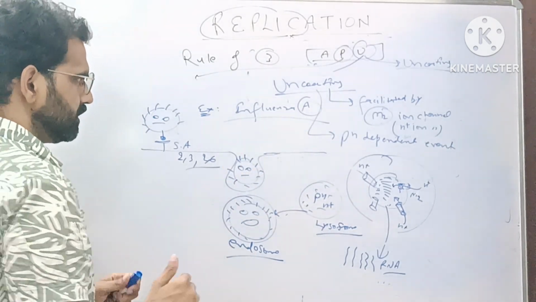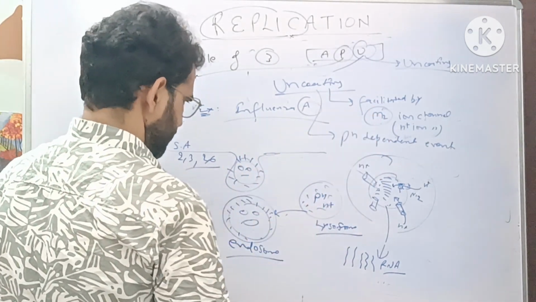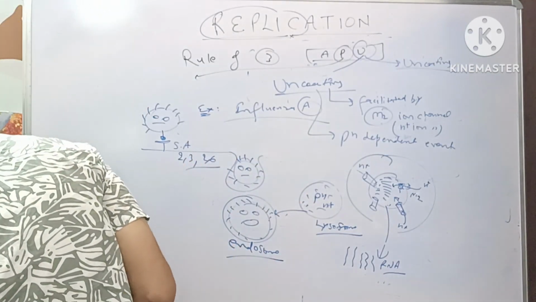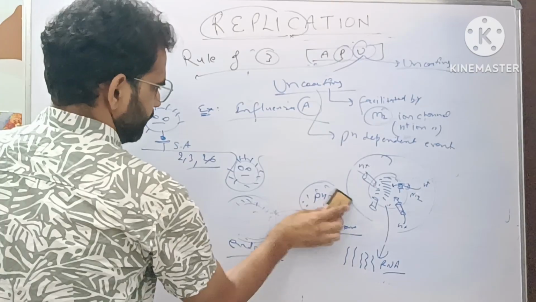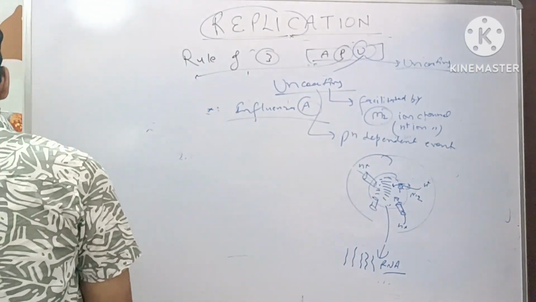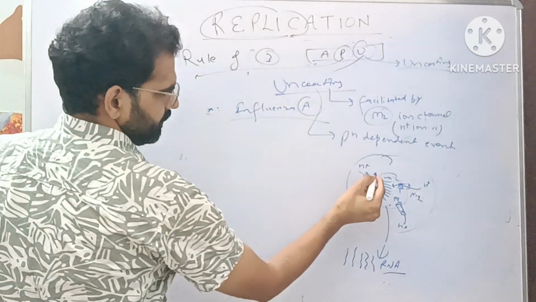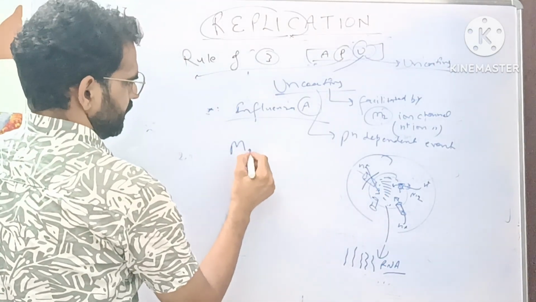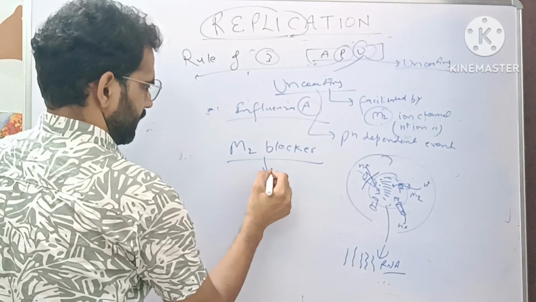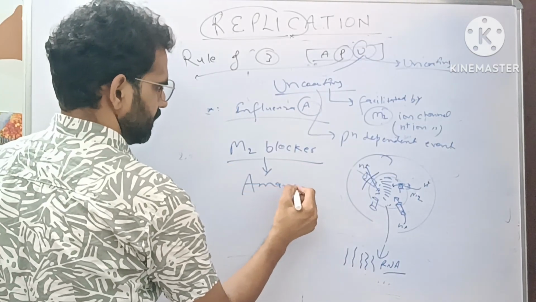influenza virus. So to prevent this uncoating, we have some drugs. If we block this channel, we have M2 blockers, and the drug is known as amantadine.